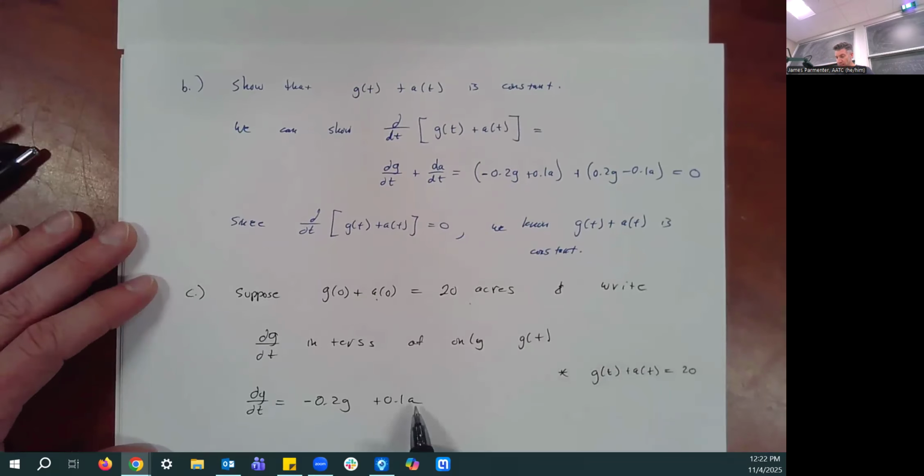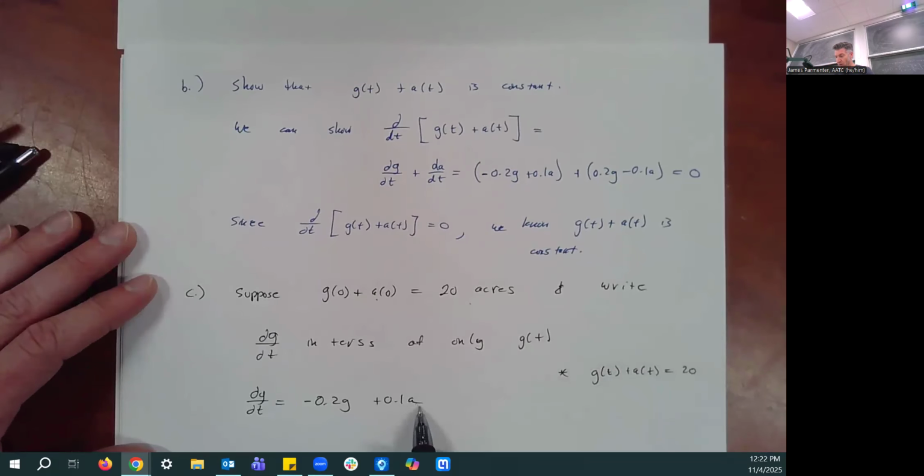So we can replace a here with 20 minus g of t. So we can write this as dg dt equal to negative 0.2 times g plus 0.1 times 20 minus g.